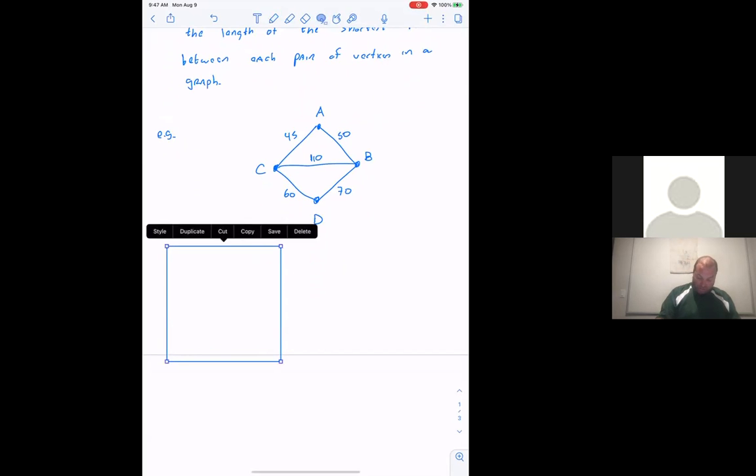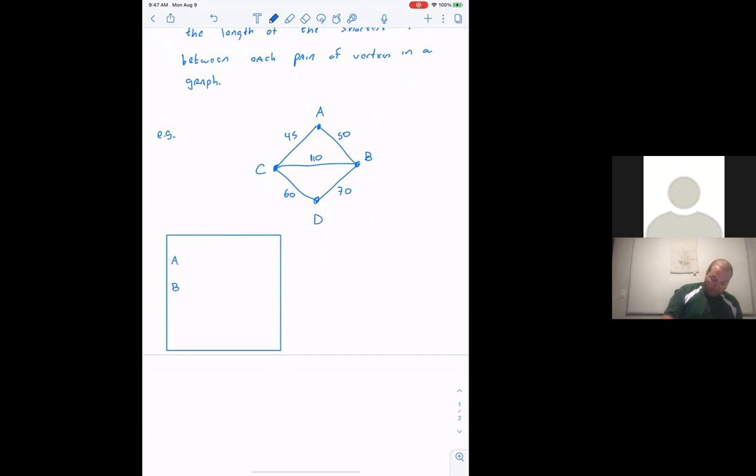So we have A, B, C, D, and A, B, C, and D. This is the original weighted table. A to A distance 0. There's no loops here, so those are all zeros. A to B directly is 50 in either direction.